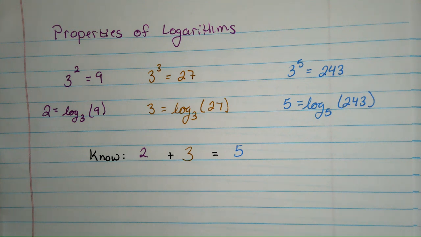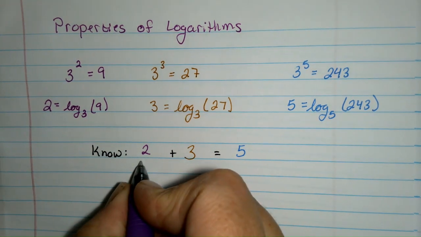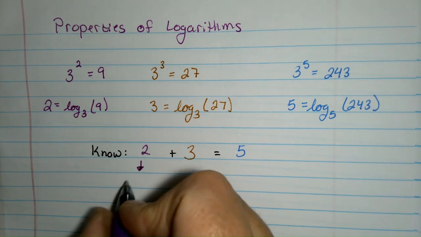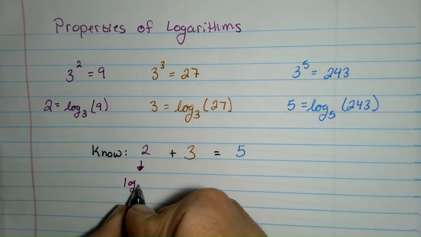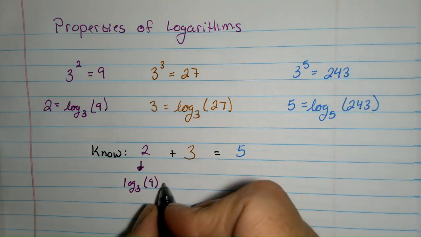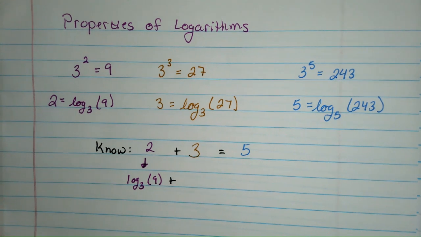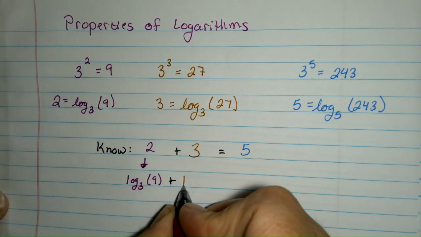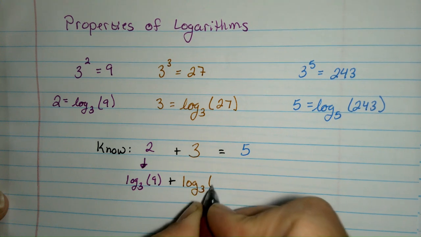So by substituting 2, it was in purple, right? An equivalent statement for 2 would be log base 3 of 9. Plus, probably see where I'm going with this with the color coding, the brown 3 would equal log base 3 of 27.